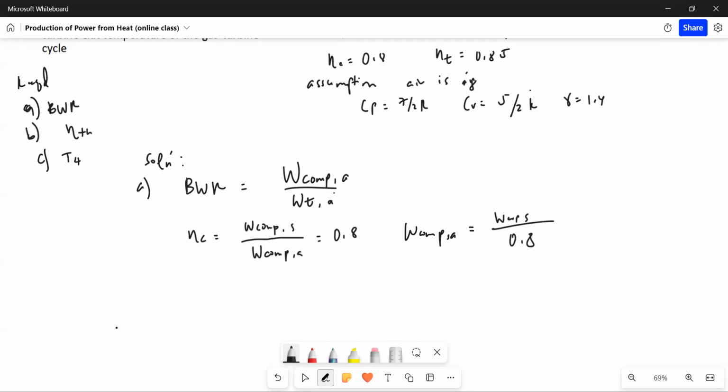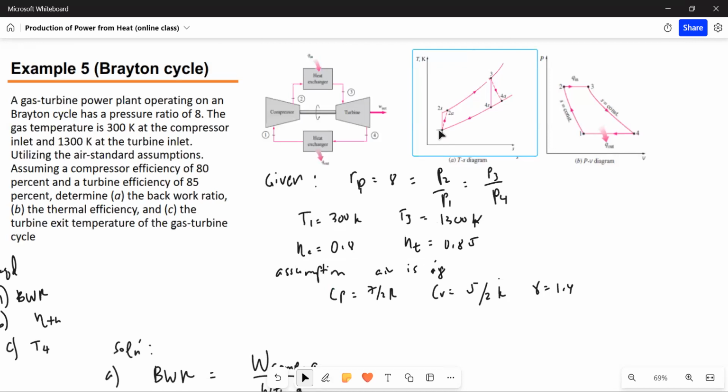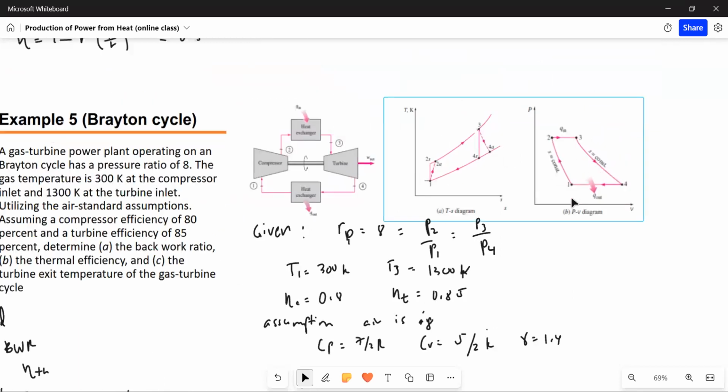We consider step 1 to 2. What is step 1 to 2? This is the compression step in our process diagram, 1 to 2.